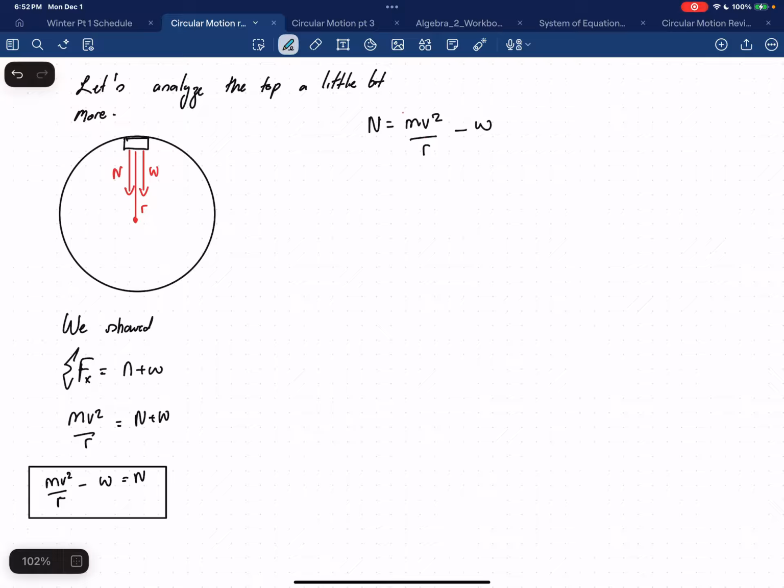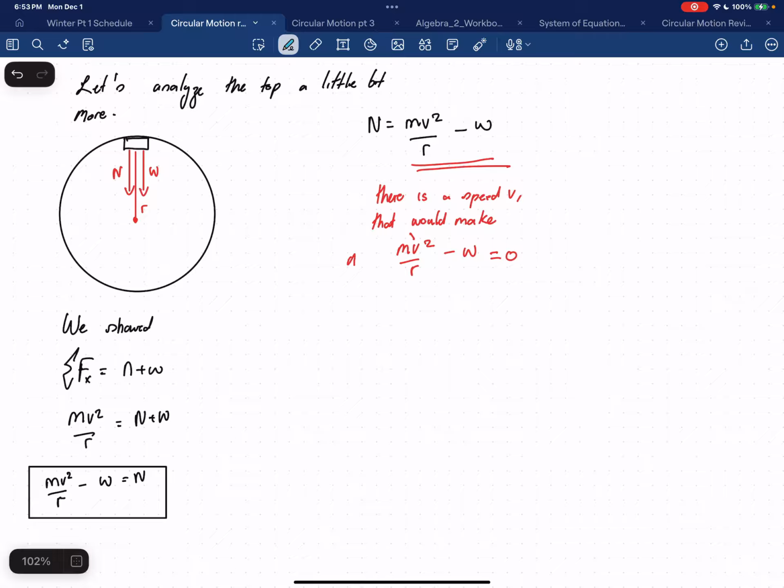But I want you to pay attention to this equation here. There is a speed v that would make mv squared over r minus W equal to 0.